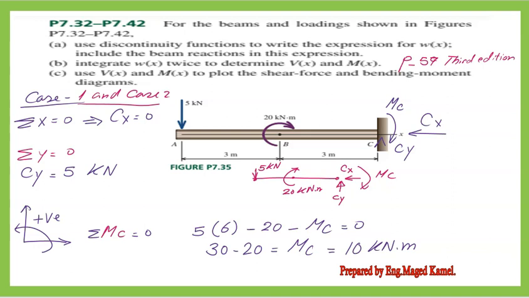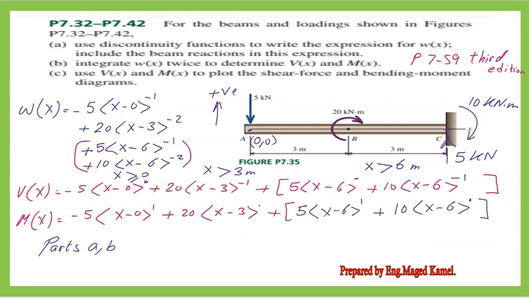And the MC, we assume it is in the clockwise direction, so it will be considered as minus MC. We equate to 0. So we have 30 minus 20 equals MC equals 10 kilonewton meter. Now we will start to write the expression for W of x in the next slide.